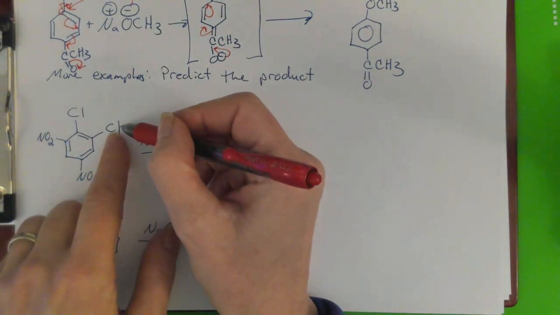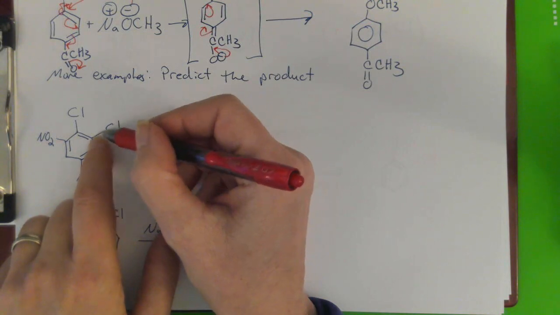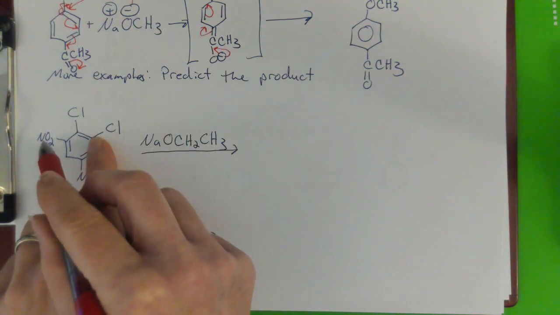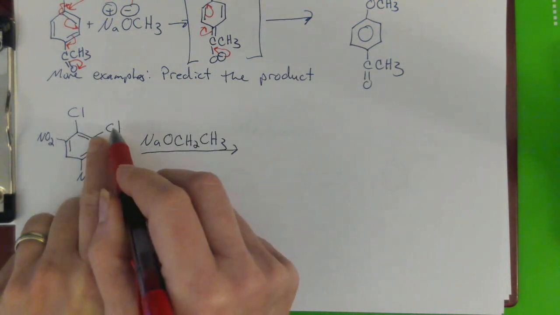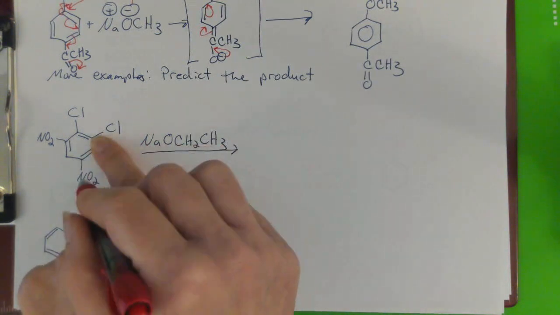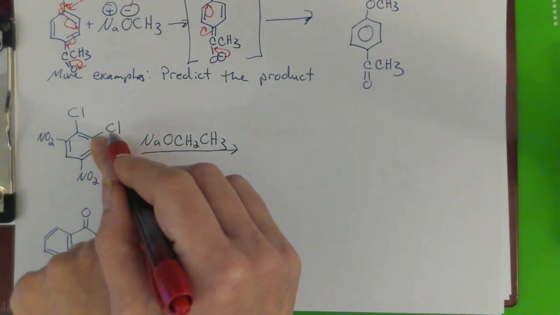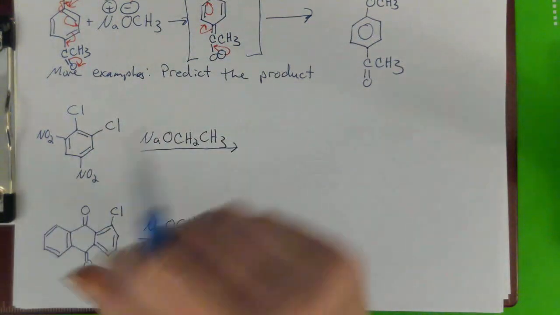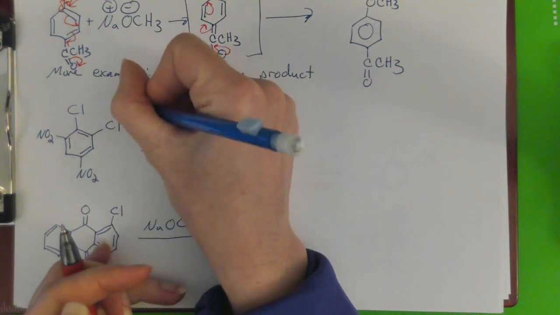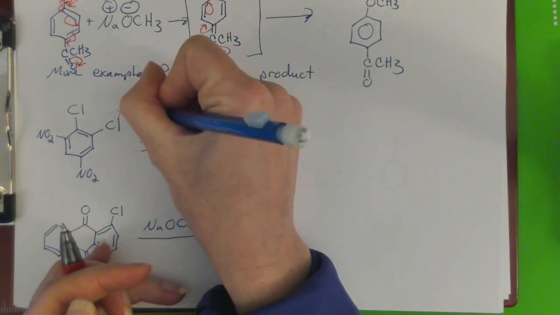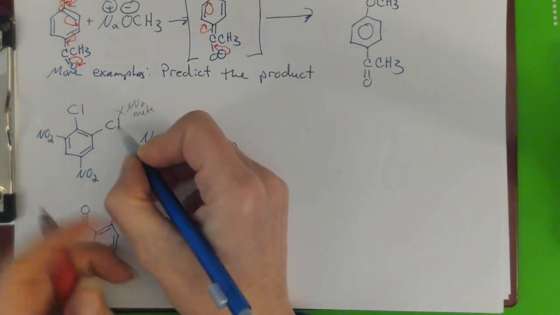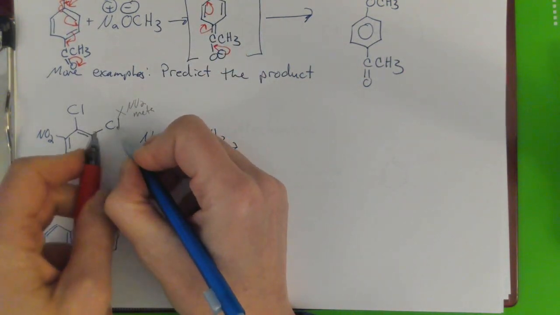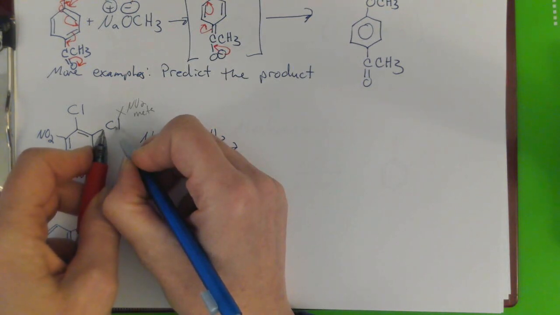So for example, this nitro group is meta to this, and this nitro group is meta to this. I'm just going to write the NO2s are meta to this one, so we're not going to be kicking off this chloride.